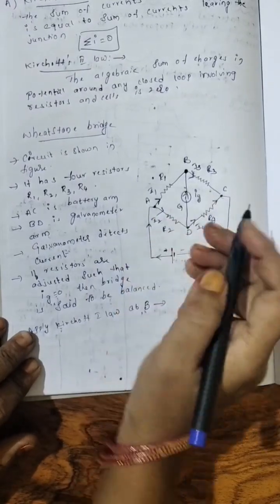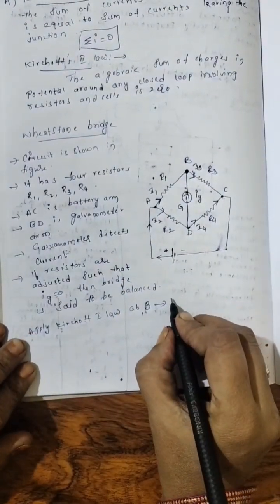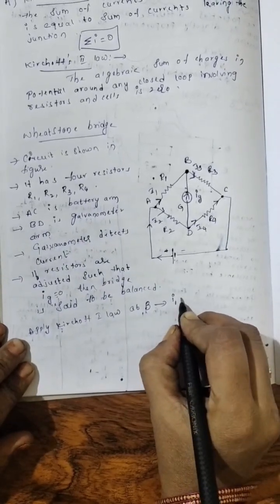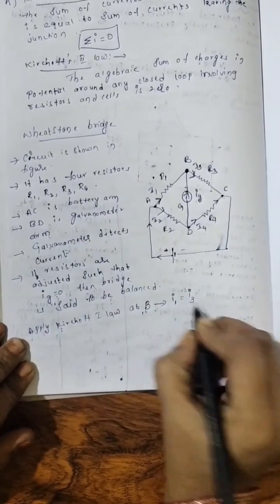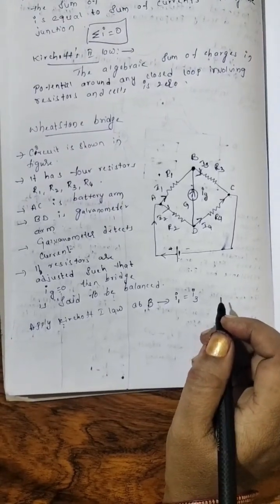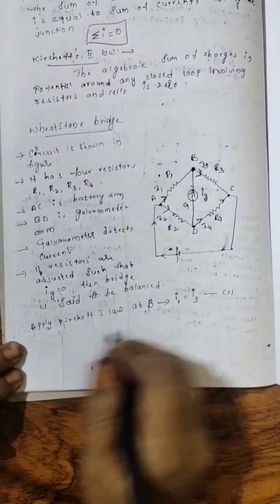See the arrow mark. The first law says that the currents moving towards the junction are equal to the currents moving away from the junction. So I1 equal to I3. Put it as equation 1.